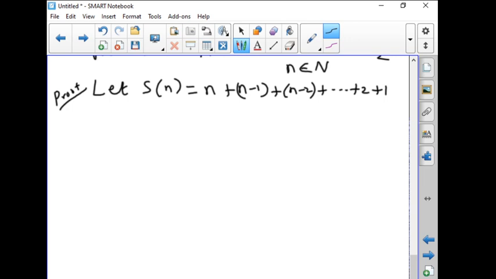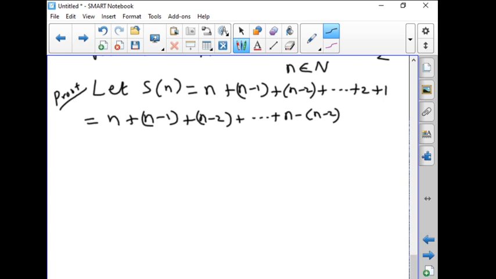Now we have taken it in the reverse order as n plus n minus 1 etc. up to 2 plus 1. Now this can be written as n plus n minus 1 plus n minus 2 plus etc. up to 2.